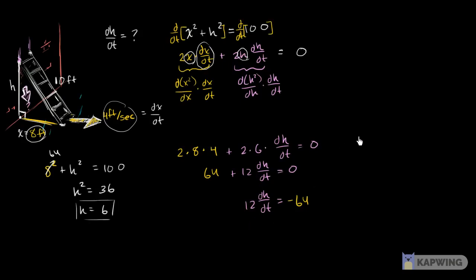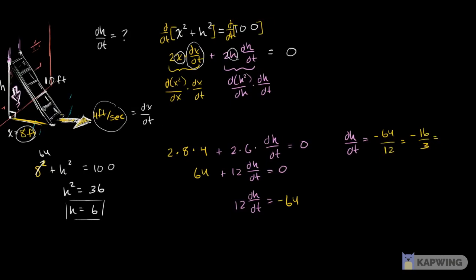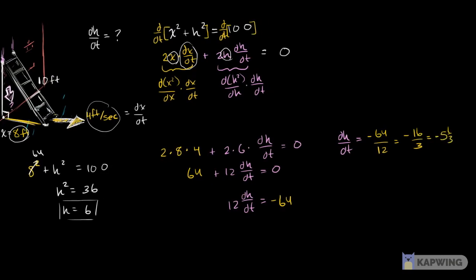The rate of change of h with respect to time is equal to negative 64 over 12, which is the same thing as negative 16 over 3, which is equal to negative 5 1/3 feet per second.